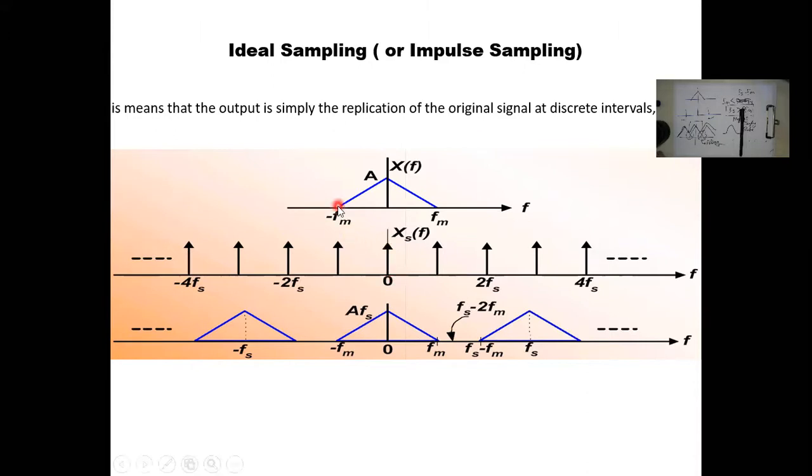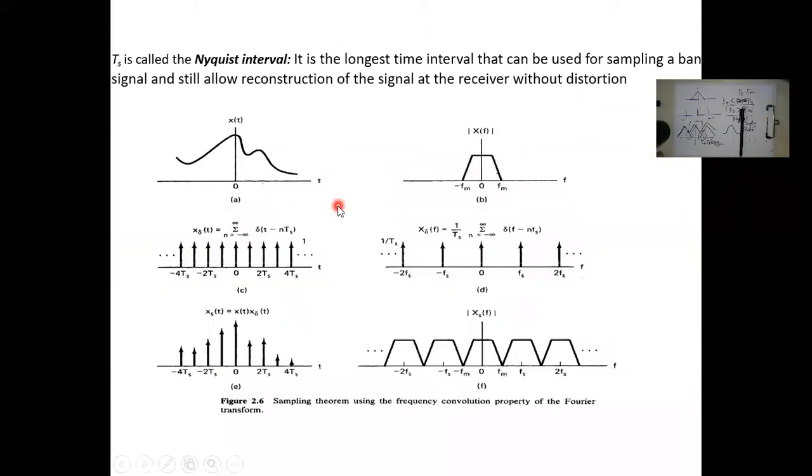Here he is using Fs equal to typically 2Fm, so you have a shared, tangential border, because Fm is aligned over Fs minus Fm. This is the minimum sampling frequency you can use. Otherwise, if you decrease the sampling frequency below 2Fm, you will have overlapping, or what's called aliasing.